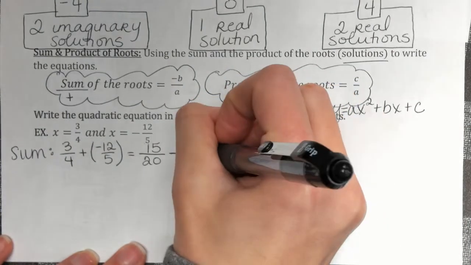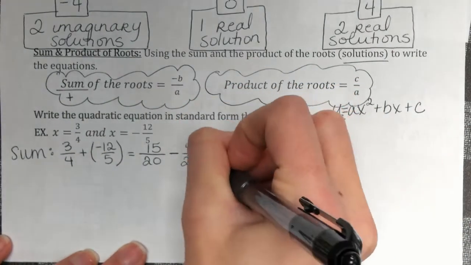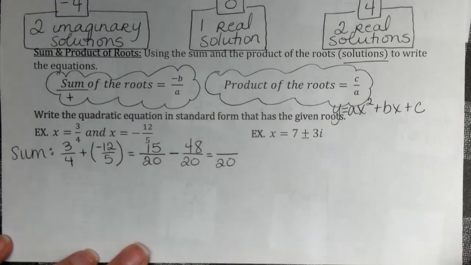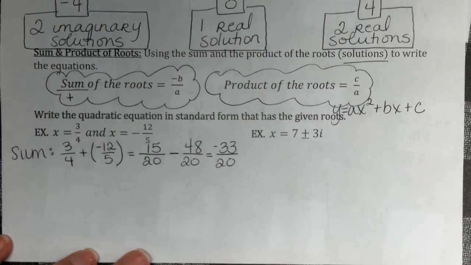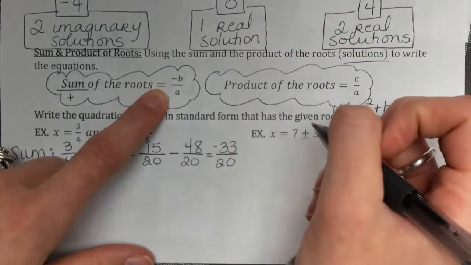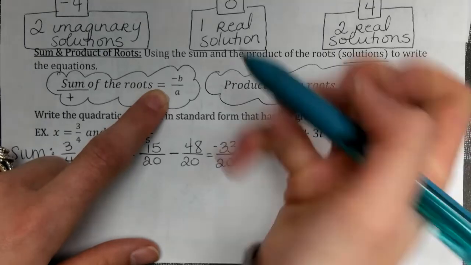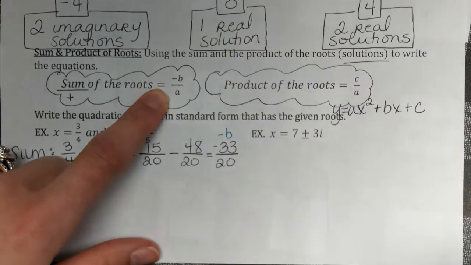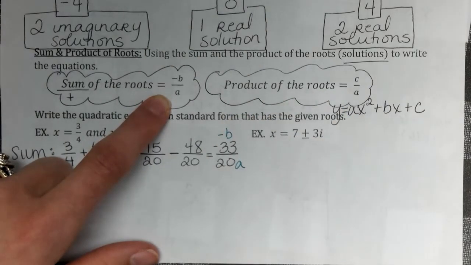So 15/20 minus 48/20 is going to give me, 15 minus 48 is negative 33. Okay? So my sum of the roots is negative b over a. So that's telling me that that negative 33 is my negative b. And that 20 is my a.